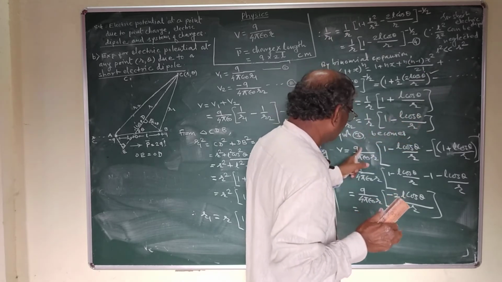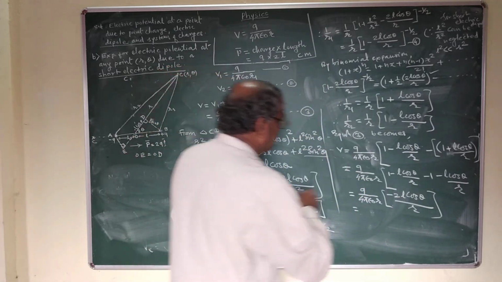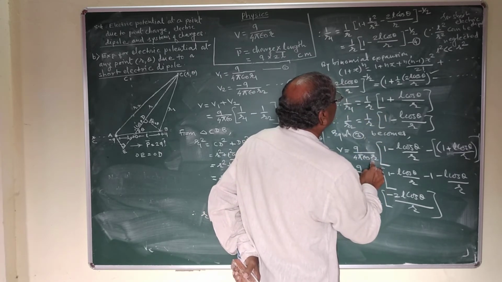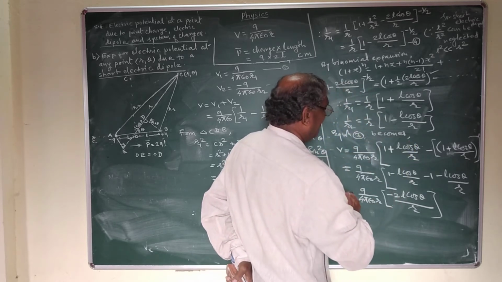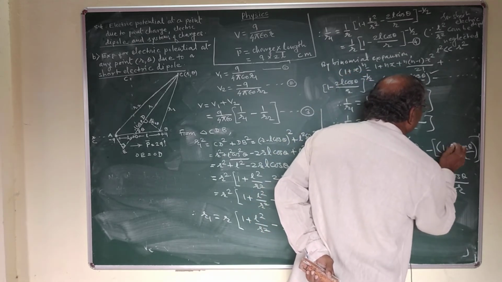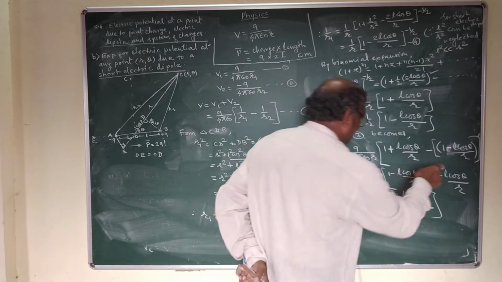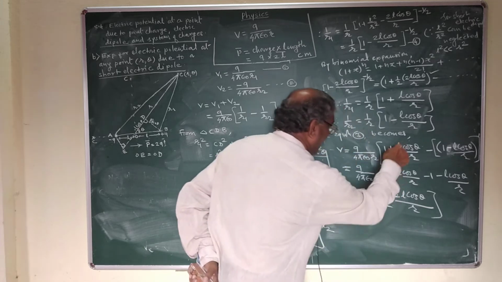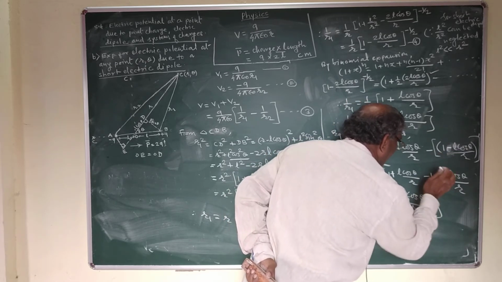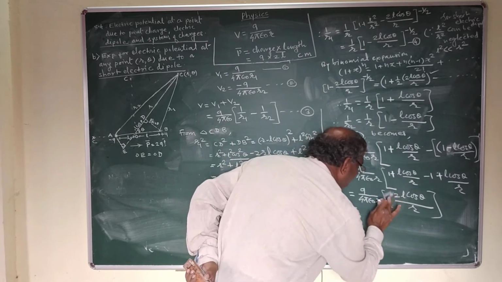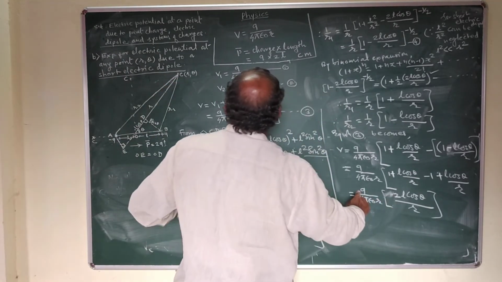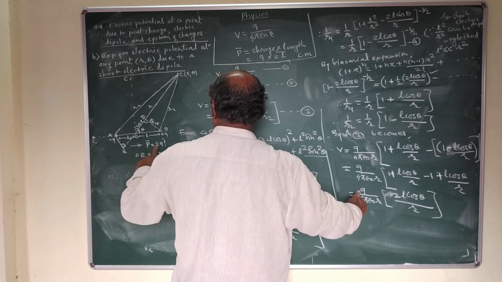Now using these values in equation 3 we get Q upon 4 pi epsilon 0 R, R common taken out. Here 1 plus L cos theta upon R minus, minus minus, that is 1 minus L cos theta upon R, we get 1 plus L cos theta upon R. This is minus 1, this is plus here, or here 2L cos theta upon R, or 2L into Q. This term is called the electric dipole moment.